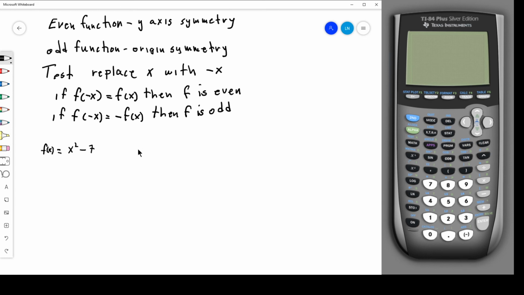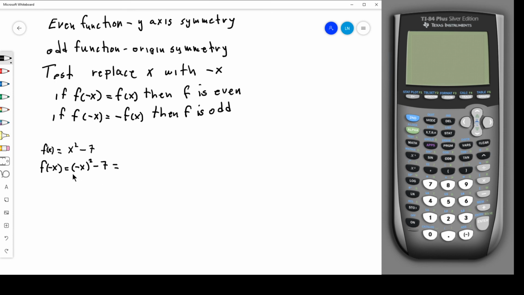I only do the test one time. This is a point of confusion with some students. The test is f of negative x. We've done this enough already: replace every x in the problem with negative x, and then simplify.